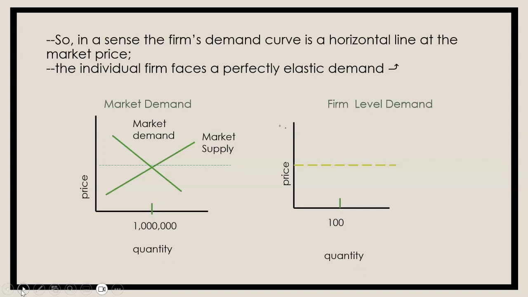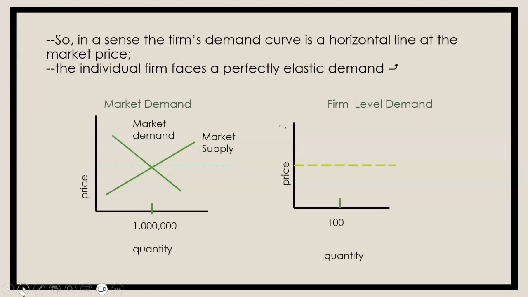Now, you remember way back when we were talking about elasticity in the second week, I said that there's something called an infinitely elastic supply curve. It's a horizontal line like that, where you can sell any quantity you want at a particular price. And I told you at that time that that was only used in a very strange situation that we would talk about later in the course.